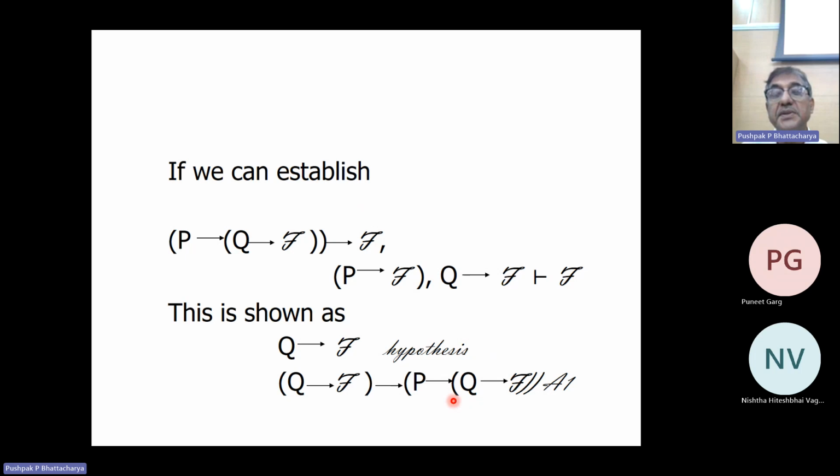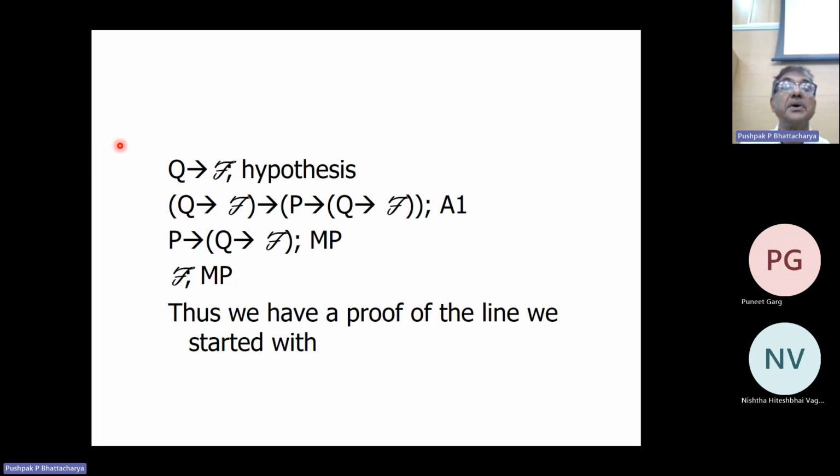Now, if I apply modus ponens, then we get P implies (Q implies F). So from these 2, I derived P implies (Q implies F). This is modus ponens.